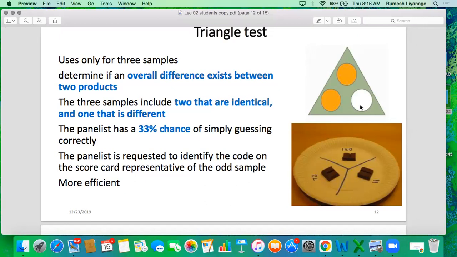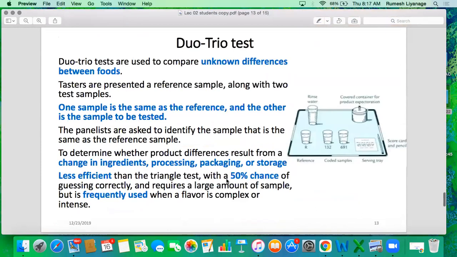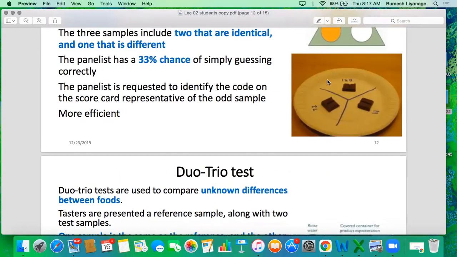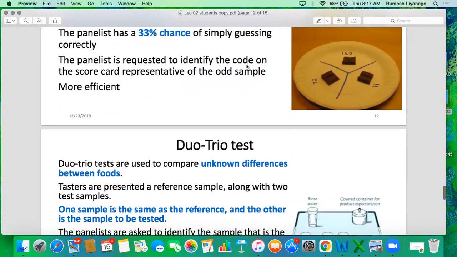So likewise, we are not using it for very uncommon samples. We use the triangle test basically for similar samples. Understood? Right. The panelist is requested to identify the code on the score card representative of the odd sample, right?